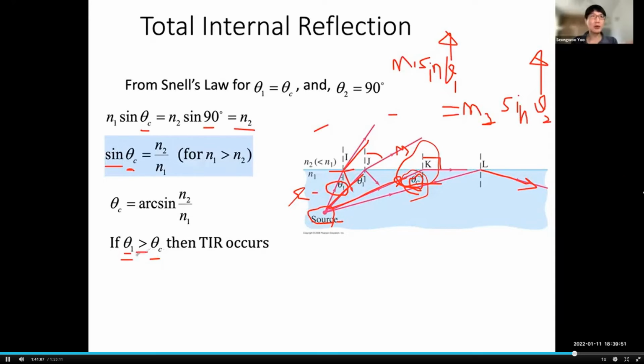It's a bit of a gray area, but in our class, I will consider the critical angle also total internal reflection, as long as the refracted light does not escape from the first medium.